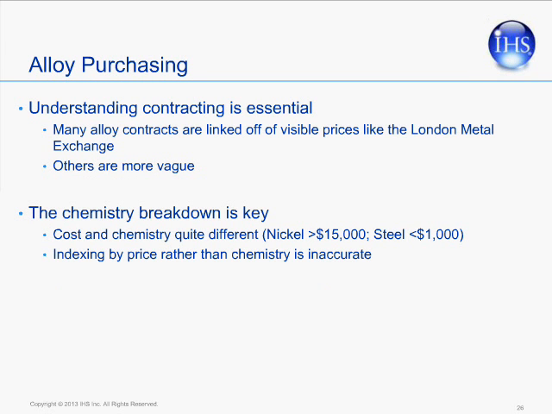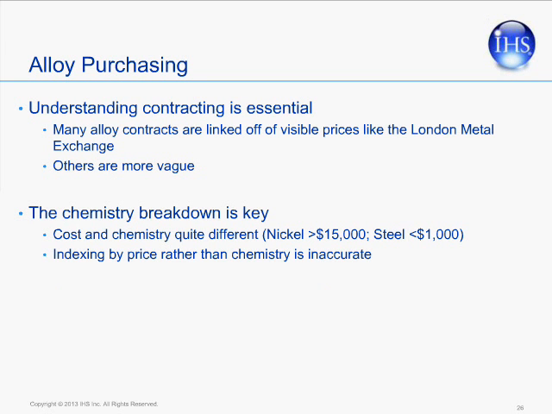Within alloy purchasing, we always have to make these two key points. Understanding the nature of your contract is essential. There's not necessarily a completely standard way of setting these contracts up, but frequently the supplier will link the prices off of some sort of visible price.